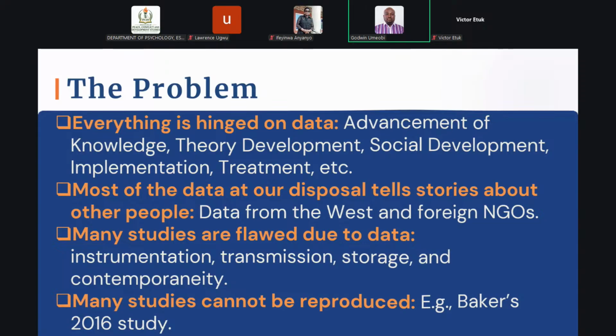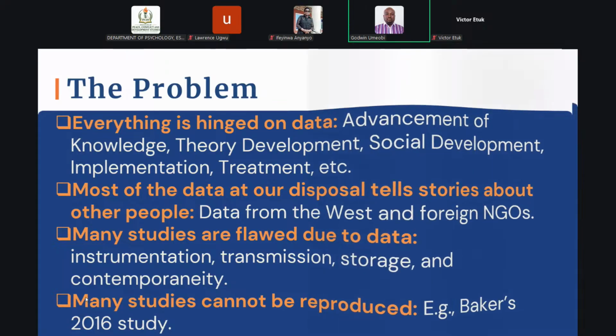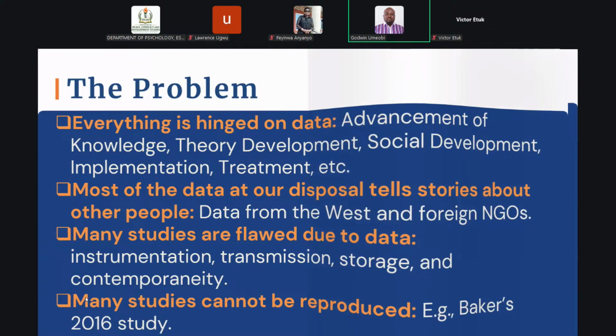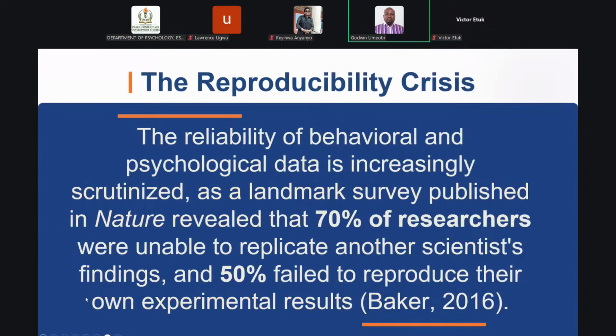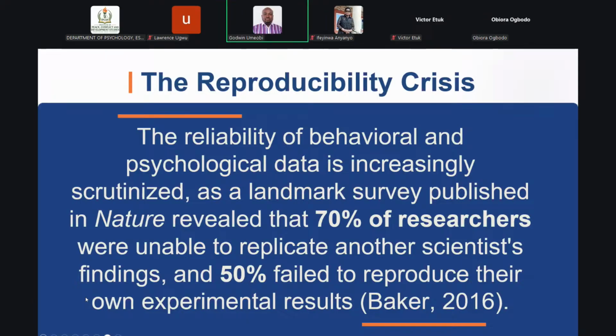Baker in 2016 conducted a study with 1,500 researchers, and about 70% of the researchers were unable to replicate another scientist's study. And out of those 1,500 researchers, 50% of them, about 750, were unable to reproduce their own study.